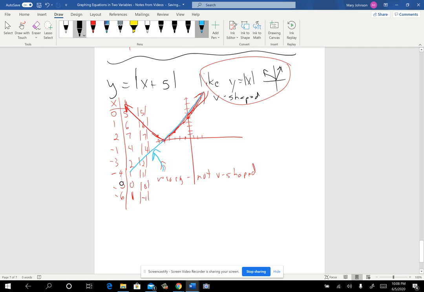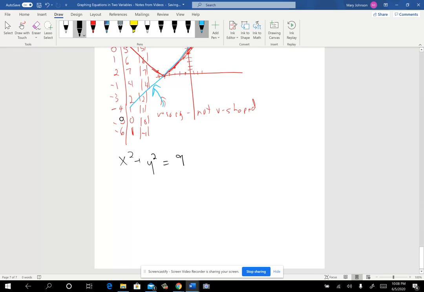Okay, all right. And so if we tried to graph something like x squared plus y squared equaling 9. Okay, so if I try to graph that, I'm thinking it should be a circle.